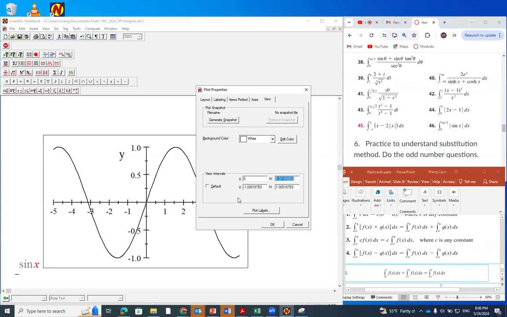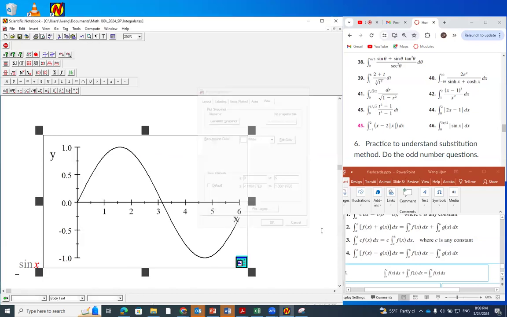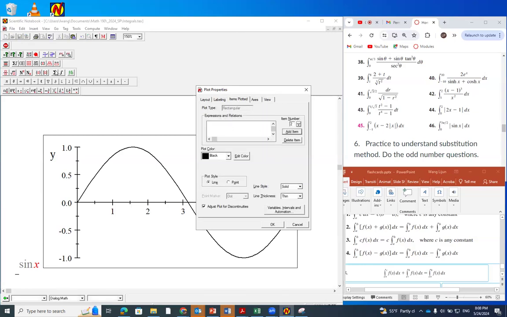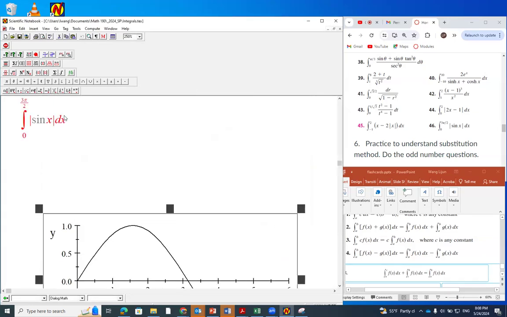If you look at these points, this whole interval 0 to pi is covered. That interval is above the x-axis, so we're going to have to split in this interval. And the next one.